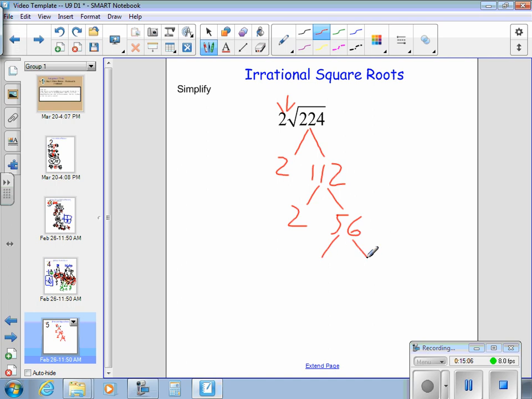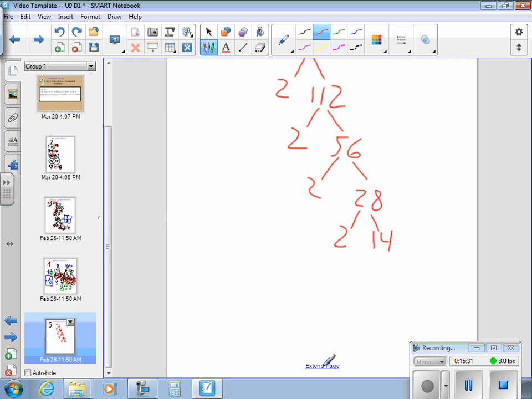56 is also divisible by 2. When we divide that by 2, half of 50 is 25, half of 6 is 3, 25 plus 3 is 28, also divisible by 2. And 28 divided by 2 is 14, also divisible by 2.